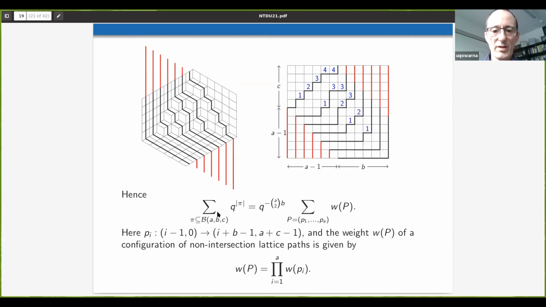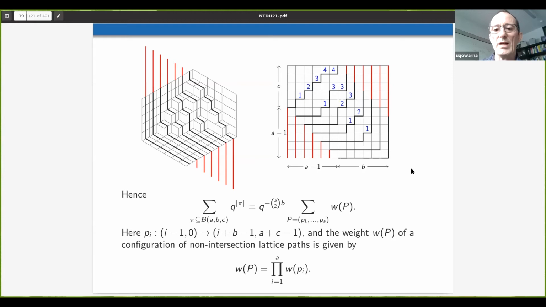So in other words, the generating function for box plane partitions, where the absolute value of pi is the volume or the number of unit cubes, up to a trivial factor because of the red bits I put in so that it fits nicely into a rectangle, is just a generating function over this set of Dyck paths with fixed starting positions and fixed ending positions. Any such picture will correspond to a plane partition.